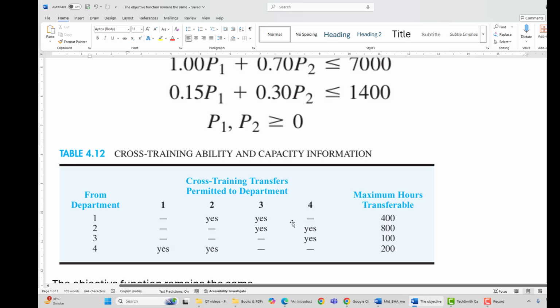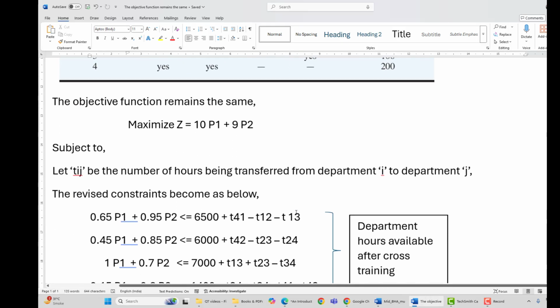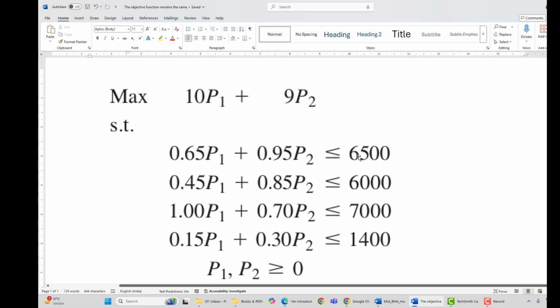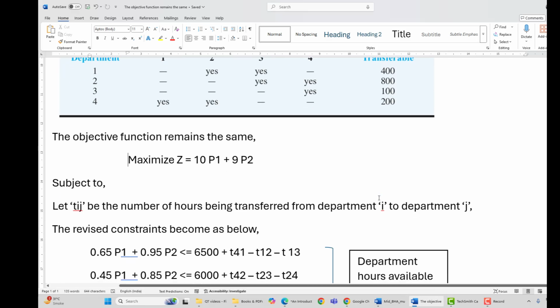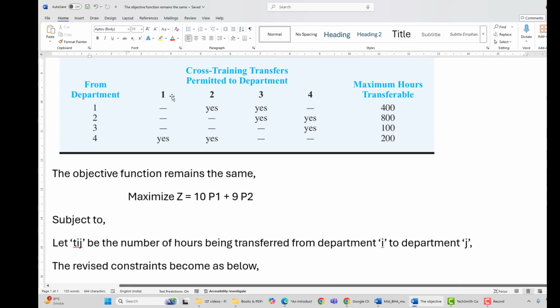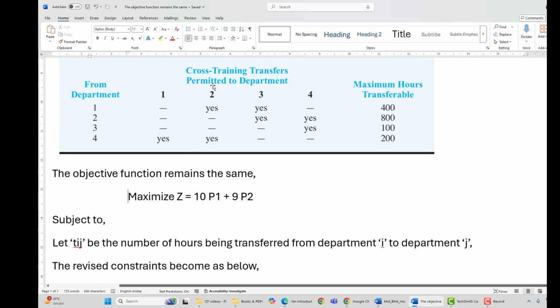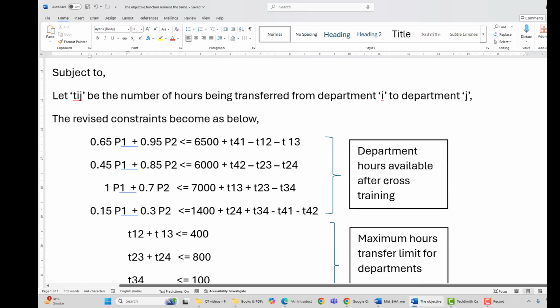So the first department's equation keeps the same left side, and the available hours get modified to 6,500 plus T41, which is coming into the department, minus T12 and minus T13, which is going from department 1 to 2 and 1 to 3. This is how we will write these 4 equations with new departmental hours available based on the cross training.